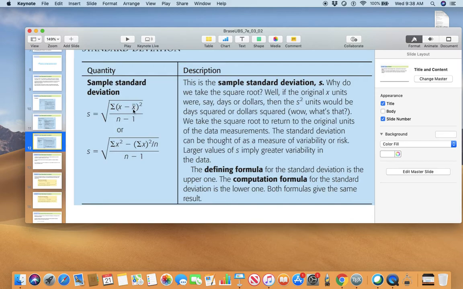You don't need x bar in here. So how do you find the deviation? You have a square root of a fraction. The denominator is easy: the total number minus 1. The numerator says add all the squares of x, then subtract: first add all the x's and then square it. Don't forget to divide that by n.